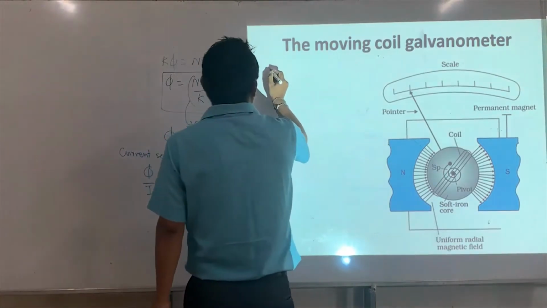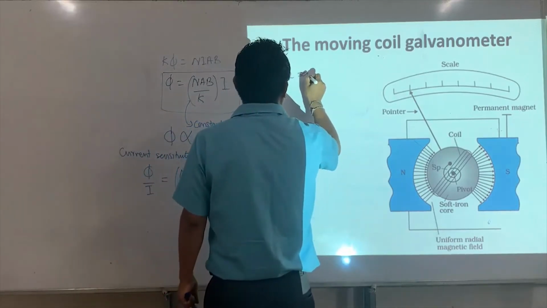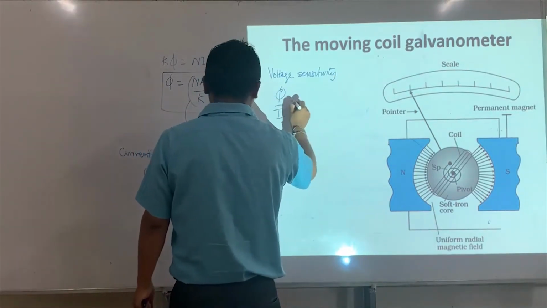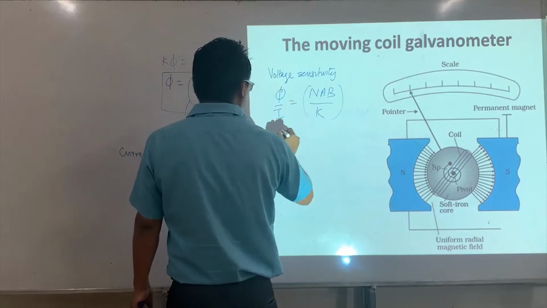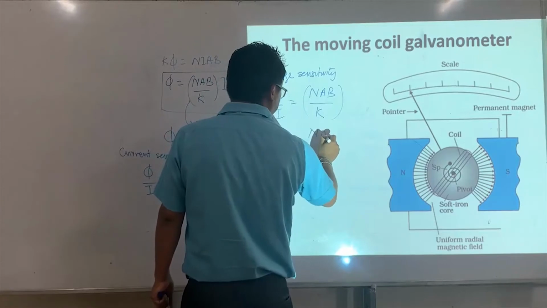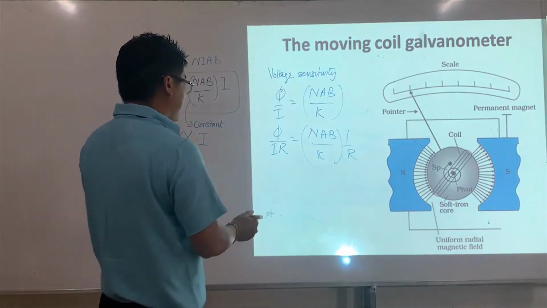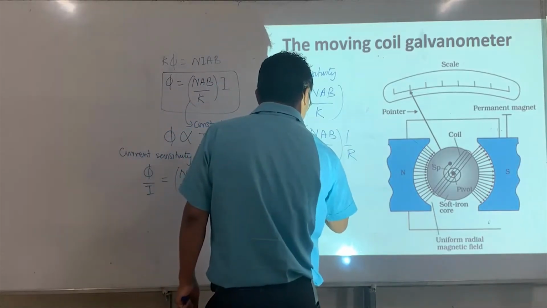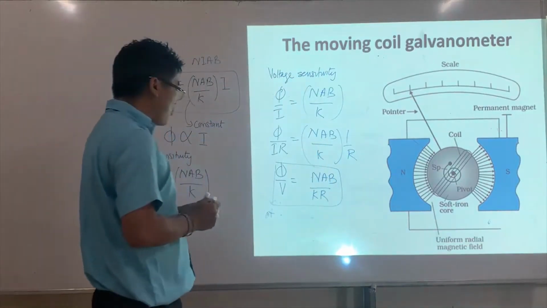And then voltage sensitivity. I'll bring first the current sensitivity, then divide and multiply by R. IR is nothing but V. This is the voltage sensitivity.